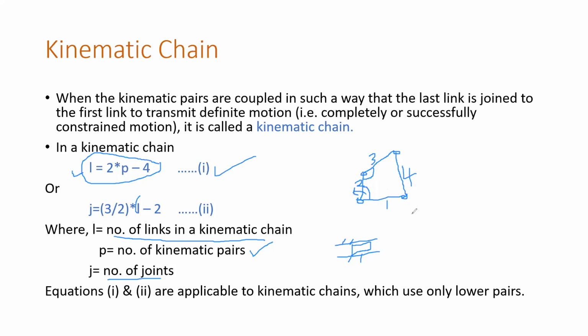But links 1 and 4 make one kinematic pair because they are in contact at some point. So that is about the kinematic chain. Note down this formula: L is equal to 2p minus 4.